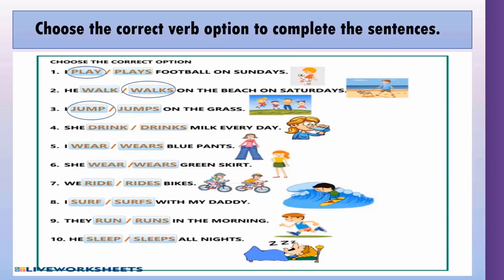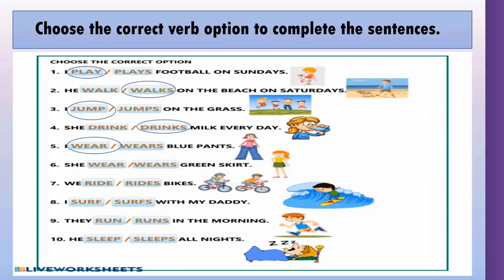Number 4, she. She is third person singular, so the verb here would be drinks. She drinks milk every day. Number 5, I. I am not third person singular, so I wear blue pants. Number 6, she.